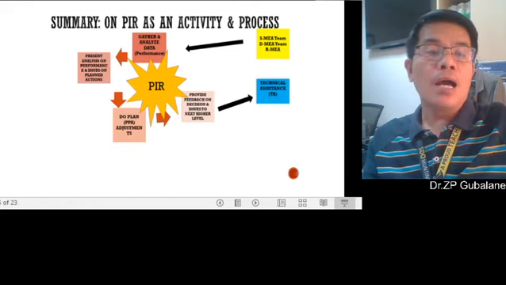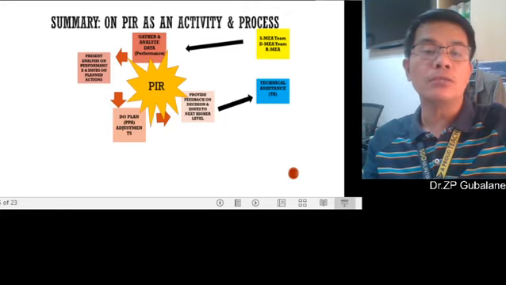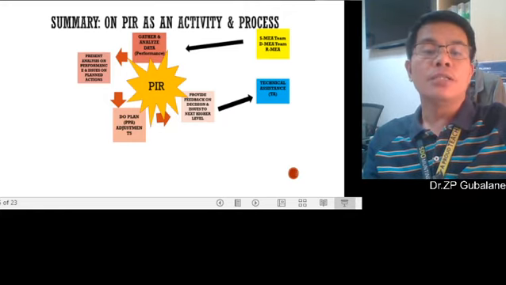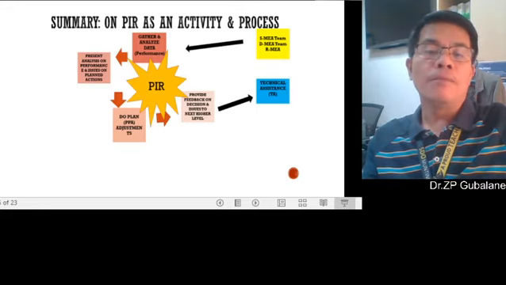Now, I would like to bring you a quick tour of this illustration. As you can see, at the very right portion of this slide, colored yellow, you can read there SMEA team.